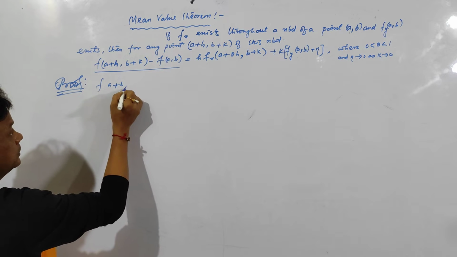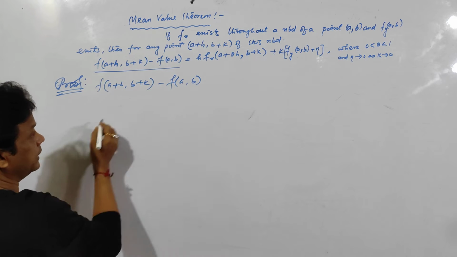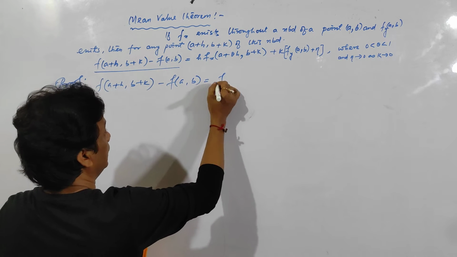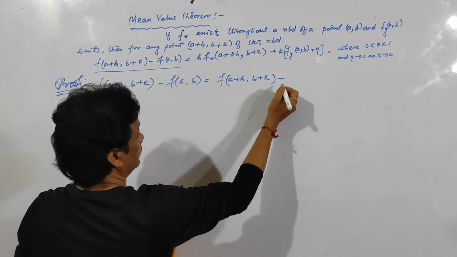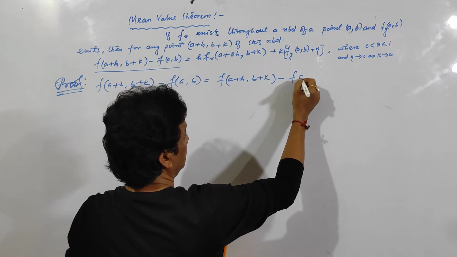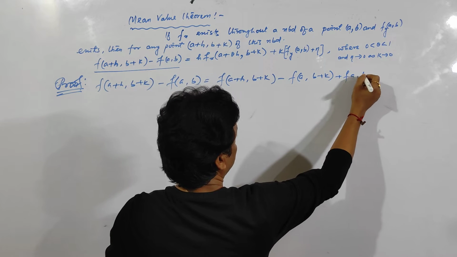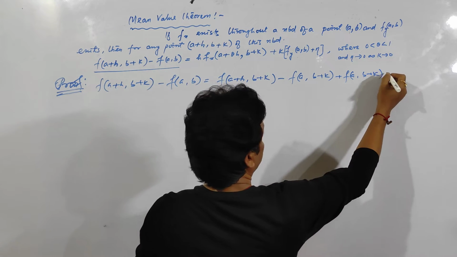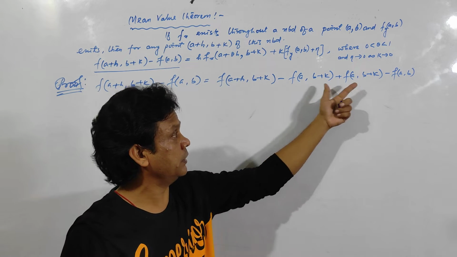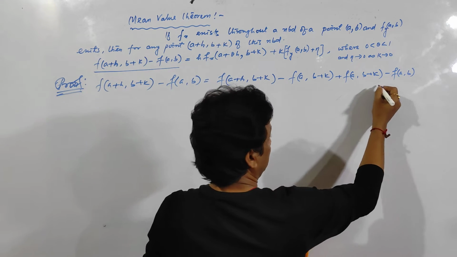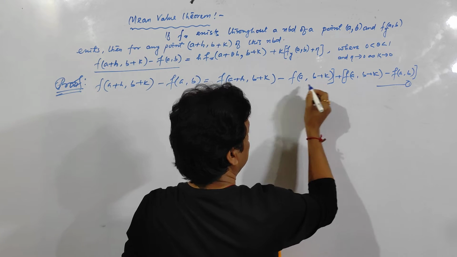So this one I can write as f of a plus h, b plus k minus f of a, b plus k, then plus f of a, b plus k minus f of a, b. I am subtracting this function and adding this function. So this is equation 1. Take this one as a single part and this part as another part.